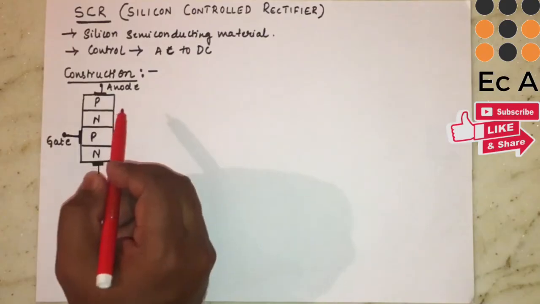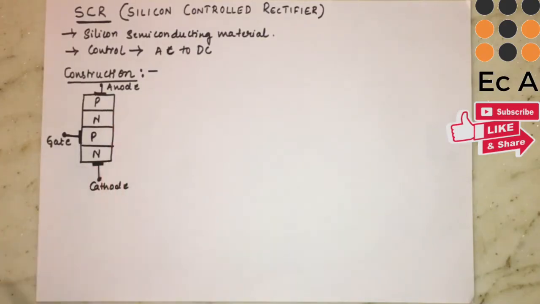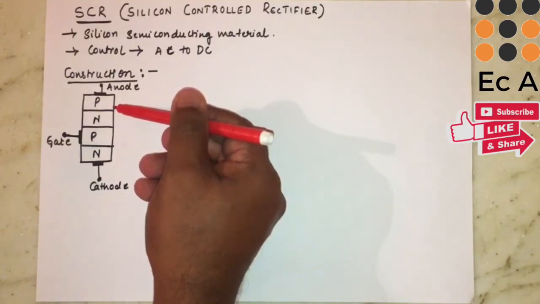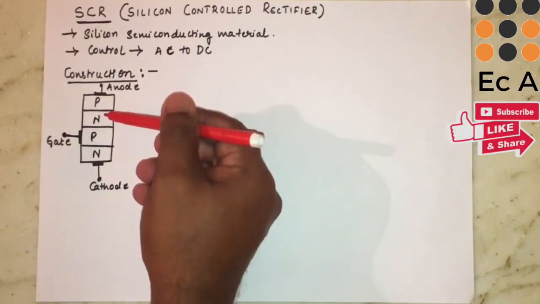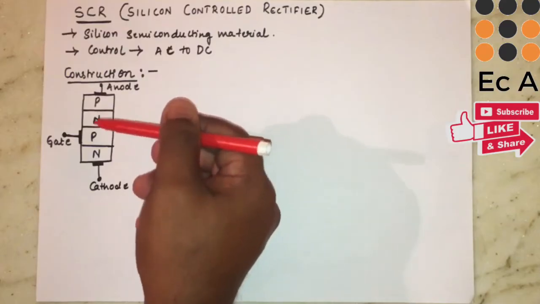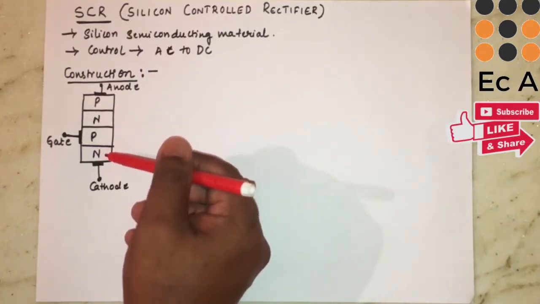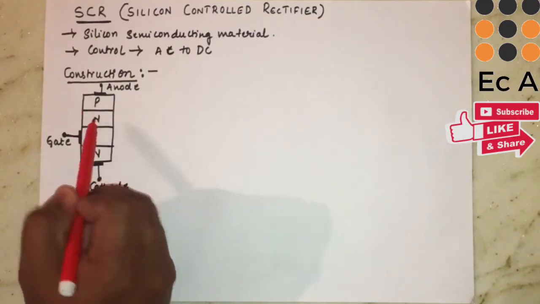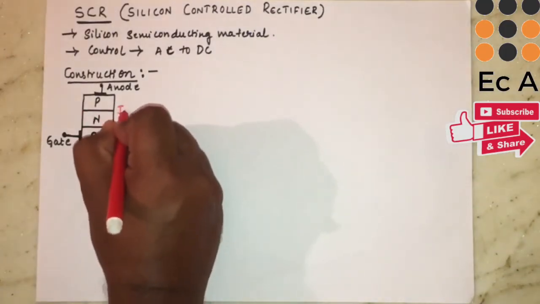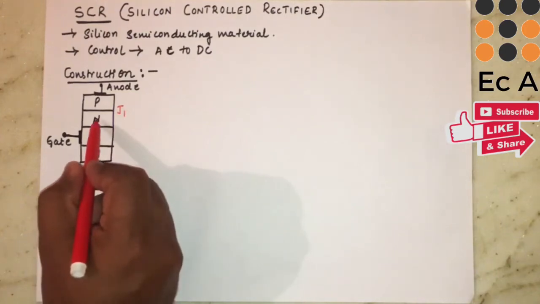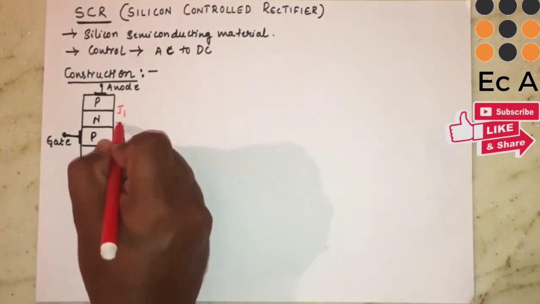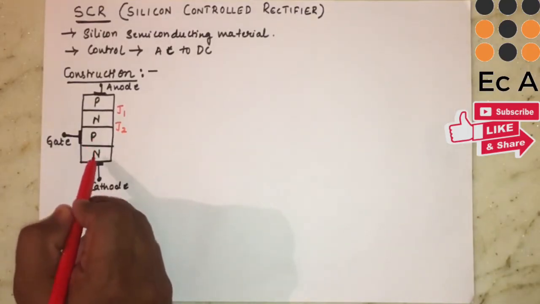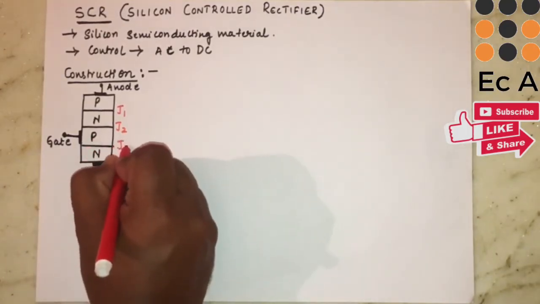Now let us see the construction of silicon controlled rectifier. It consists of 4 layers of semiconducting material. So it consists of a P region, next an N region, again a P region and an N region. There is a junction between this P and N, we will call that junction J1, and a junction between this N and P, we will call that J2, and a junction formed between this P and N region, we will call that J3.